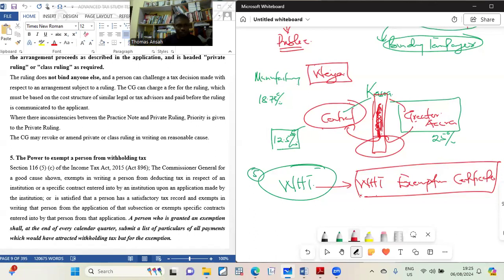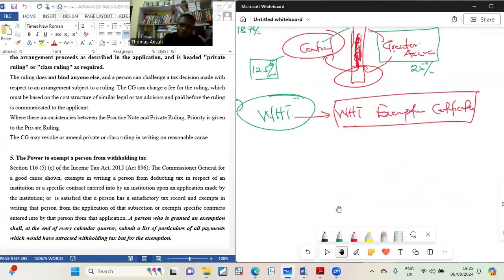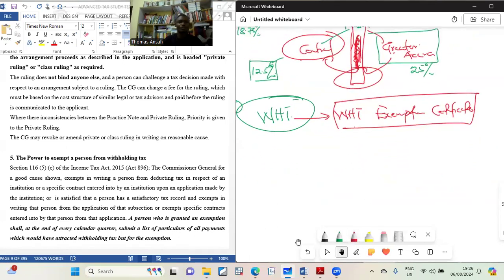All right, so the Commissioner General has that power under Section 116 of the Income Tax Act. But you see, this is the thing that they are supposed to do. The person who is exempted from withholding tax is supposed to file all those payments from which withholding tax would have been withheld, but because you have the exemption, they are not withheld.